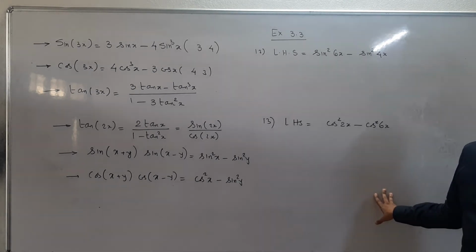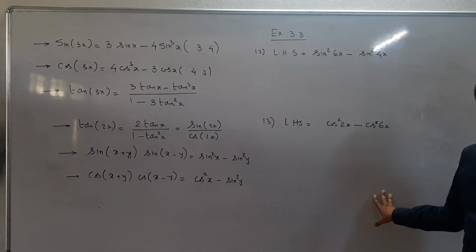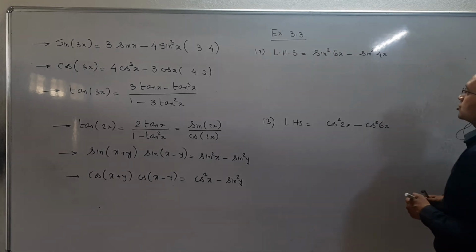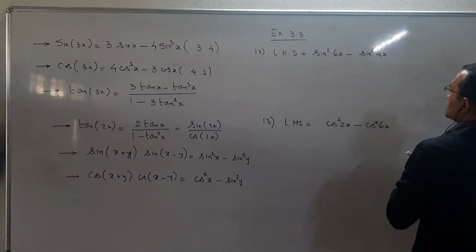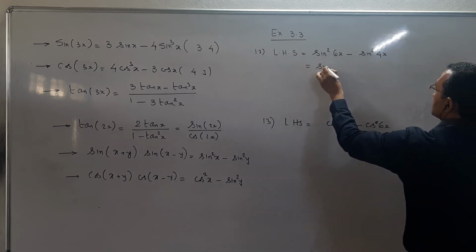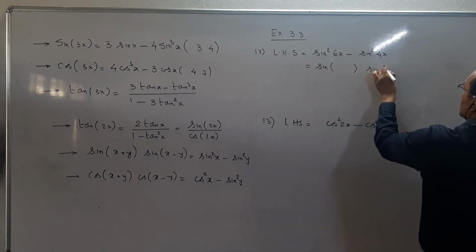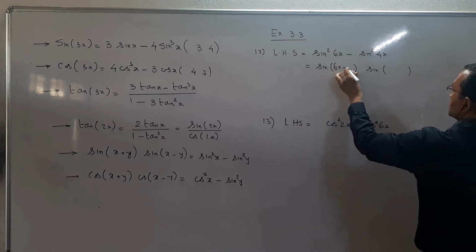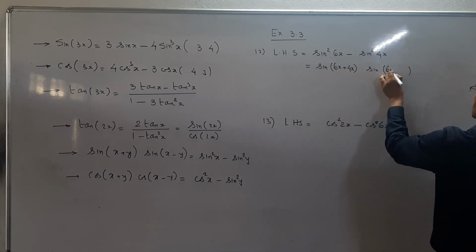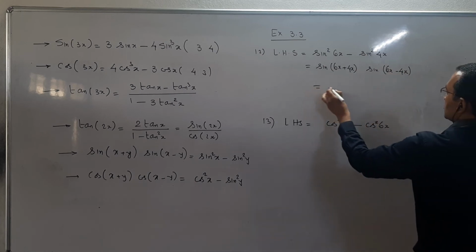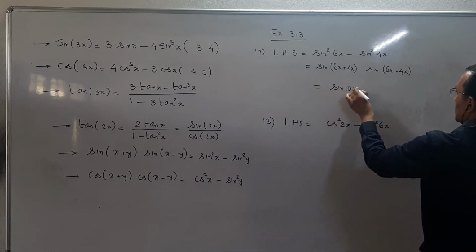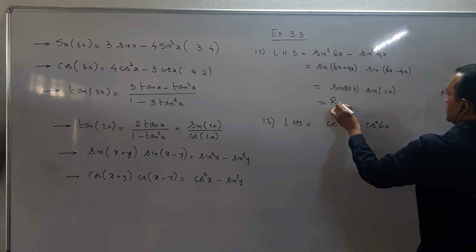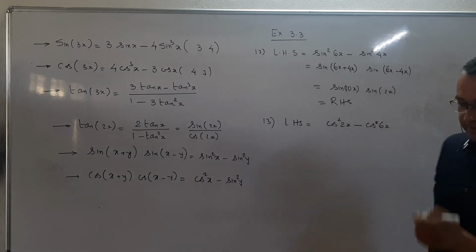From left hand side I can apply for right hand side, or from right hand side I can apply for left hand side. So sin square x minus sin square y is sin of x plus y into sin of x minus y. So once it is 6x plus 4x and once it is 6x minus 4x. So the answer is sin of 10x into sin of 2x, and that is your RHS. Check.